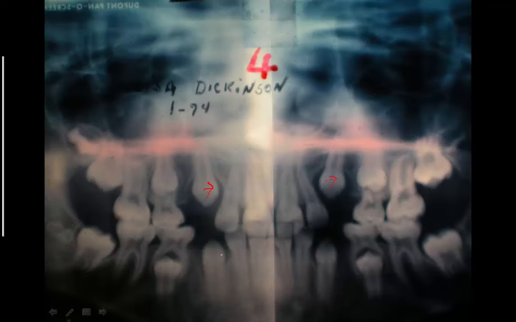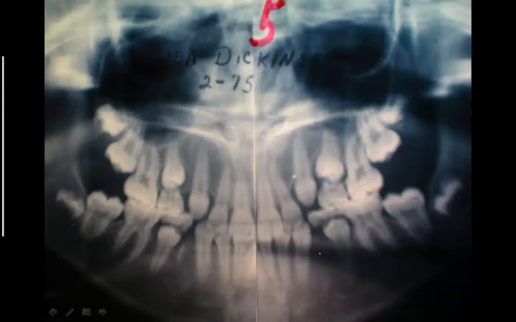Use it all the time. This tooth that was headed in like this, now it's headed out like that. Over here it's headed in, it was over here. You have to go back and get my x-rays of those other teeth. Alright, that's January of 74.